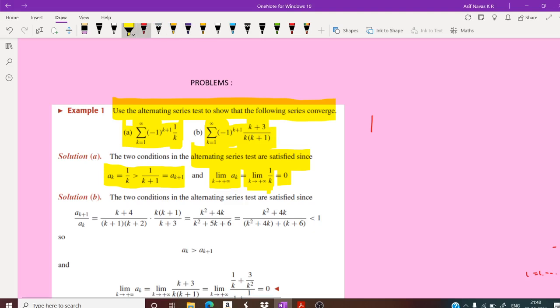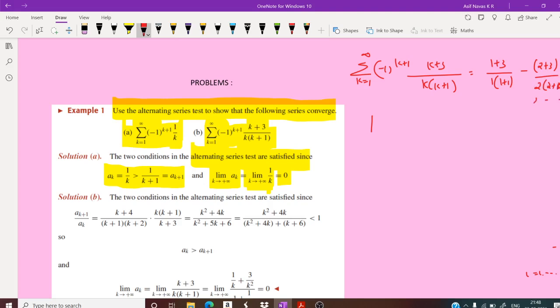This is an alternating series: the first term is (1+3)/(1(1+1)), the second term is minus (2+3)/(2(2+1)), etc. Here a_k is equal to (k+3)/(k(k+1)).